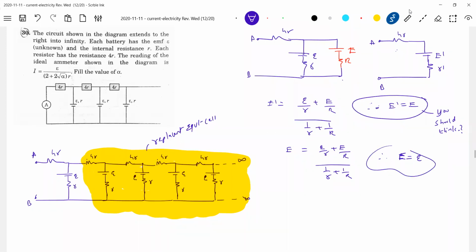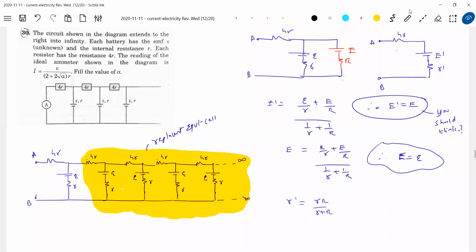Okay, so how to calculate the equivalent resistance? The equivalent resistance should be R dash plus 4R. And what is R dash? First we'll calculate R dash. R dash should be equal to small r, small r plus capital R. This is R dash. We are using grouping of cells.